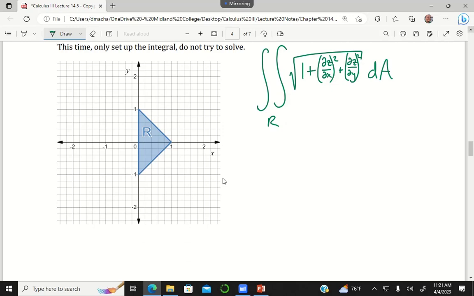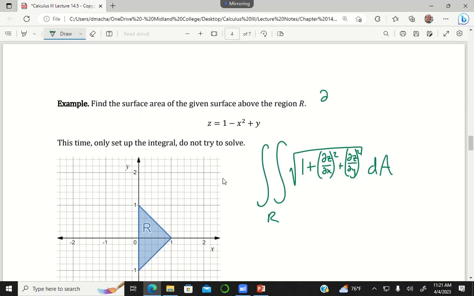What is my partial of z with respect to x? Negative 2x. If I want to square that, this would be 4x squared. And then my partial with respect to y would be 1, and if I square that, 1 squared is also 1.